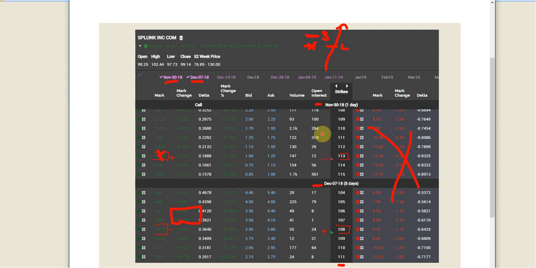This way, this example is just calls, real life example, or the diagonal, which is really a calendar spread offset a little bit. Let me see if I can explain it from a different angle, just to hammer the point home.